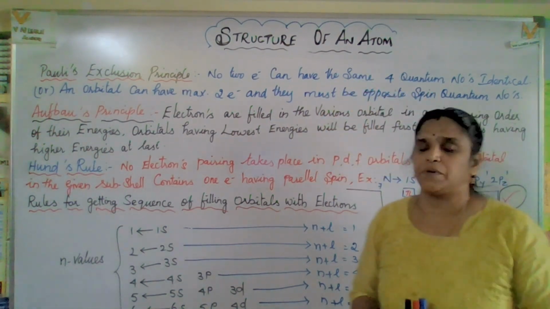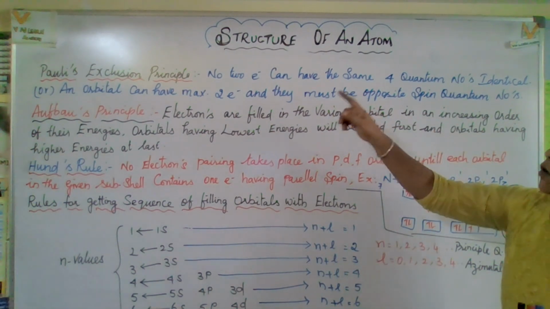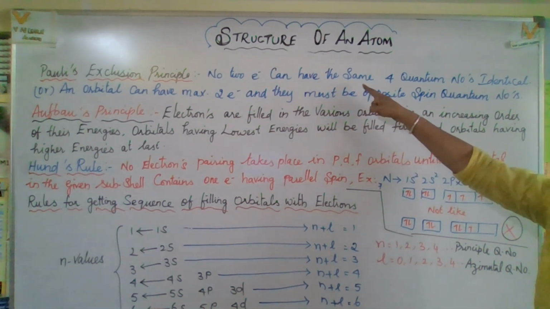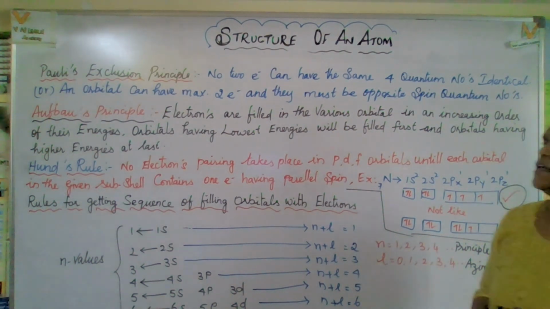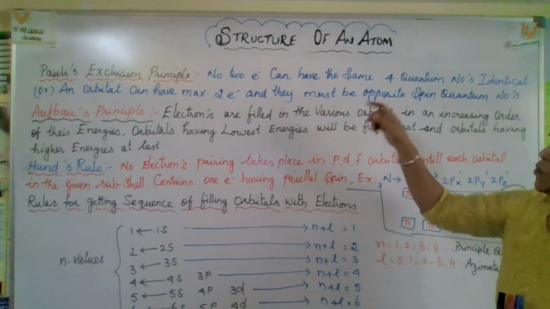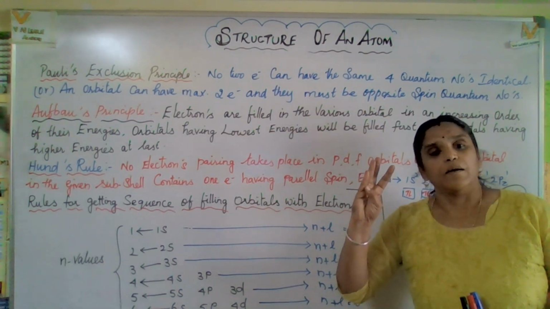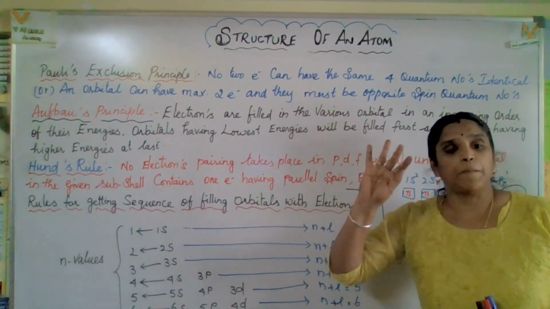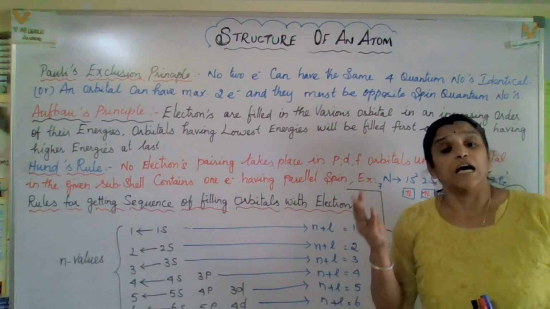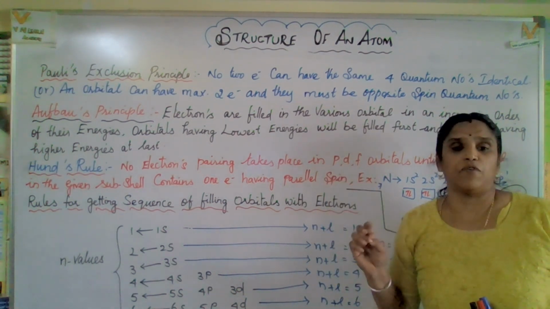Pauli's exclusion principle. What does it tell? No two electrons can have all four quantum numbers identical. That means, because there are four quantum numbers: principal, azimuthal, magnetic and spin. Principal quantum number n starts with 1, 2, 3, 4.